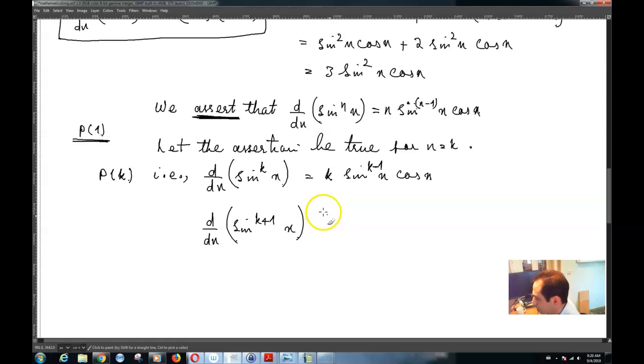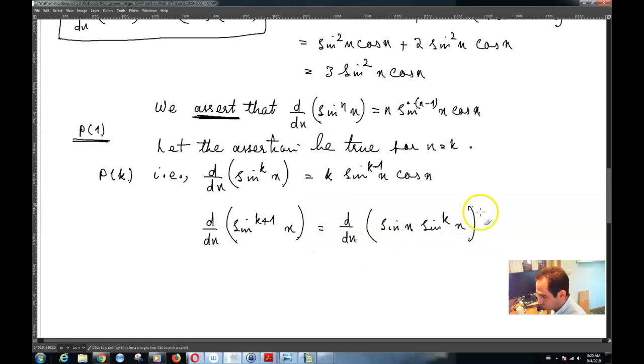I could write this as d by dx of sine x times sine raised to the power k of x. If you multiply these two together, you get sine raised to the power k plus 1 of x.